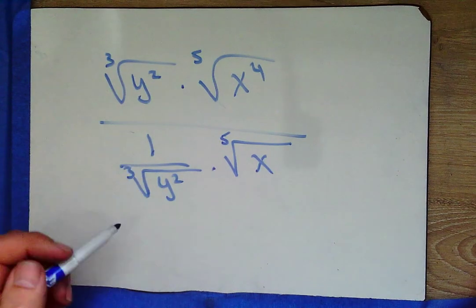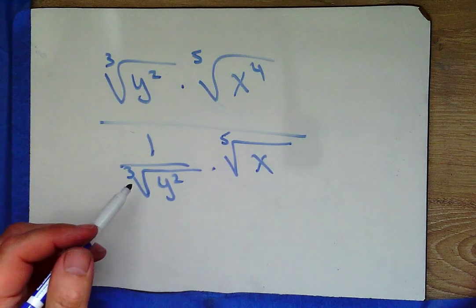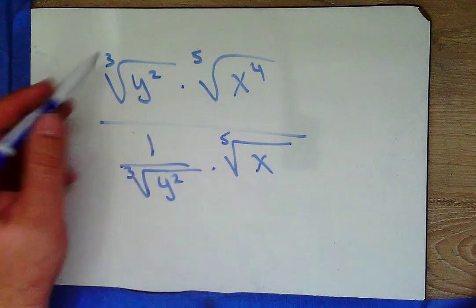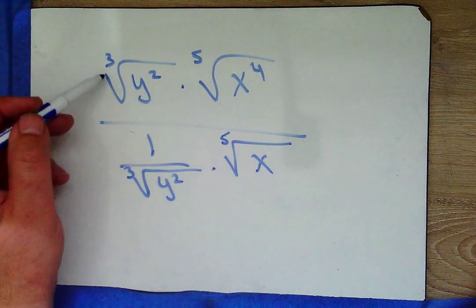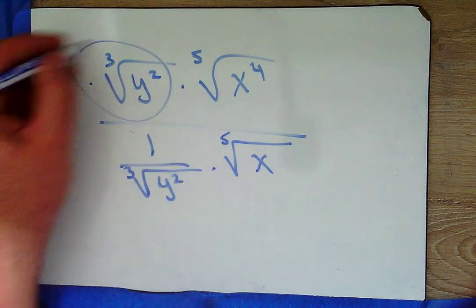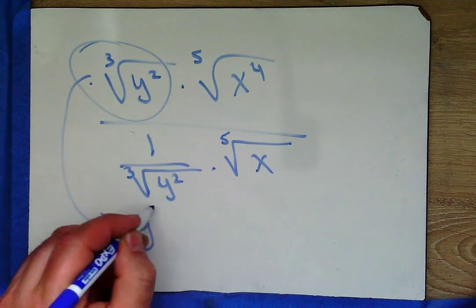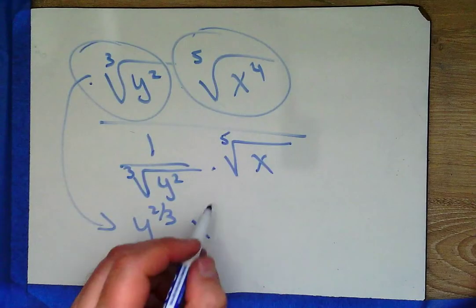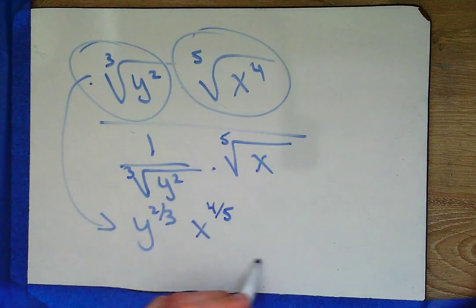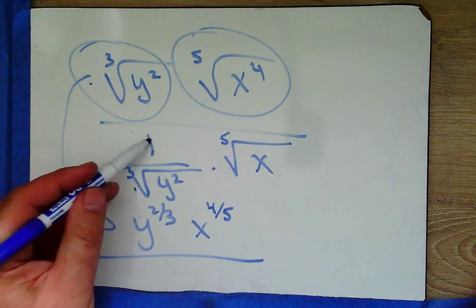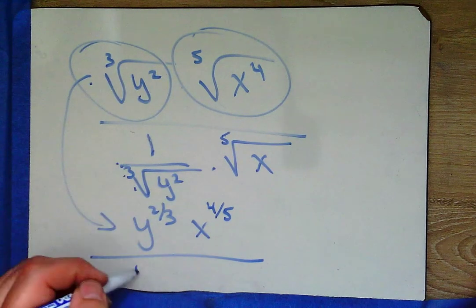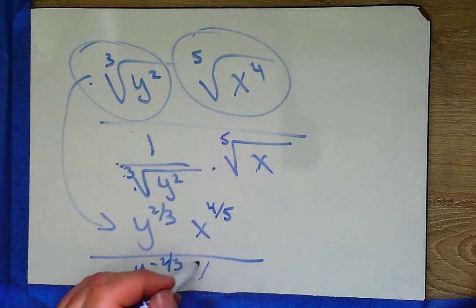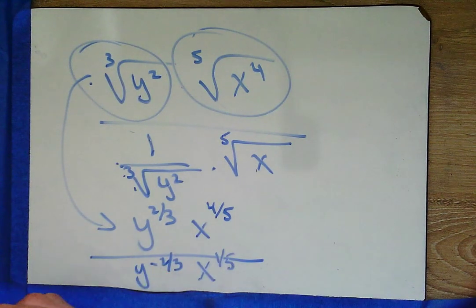See, in my mind, this is horrible. Just horrible. And instead, what I want to do is turn these into rational exponents. So this one is y to the 2/3. And this one is x to the 4/5. And this one is 1 over y to the 2/3, or y to the negative 2/3. And this one is x to the 1/5.